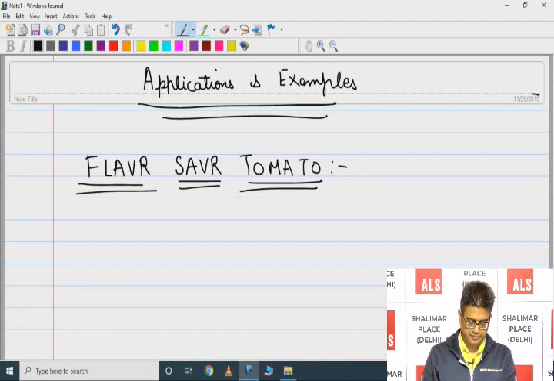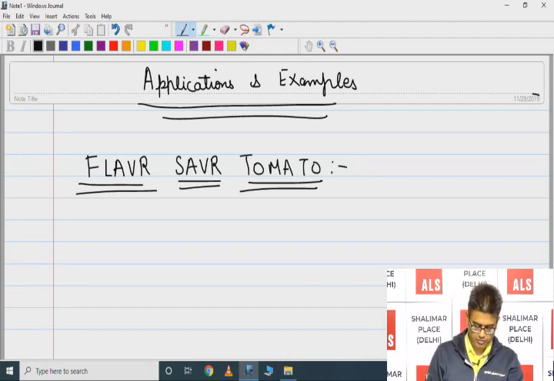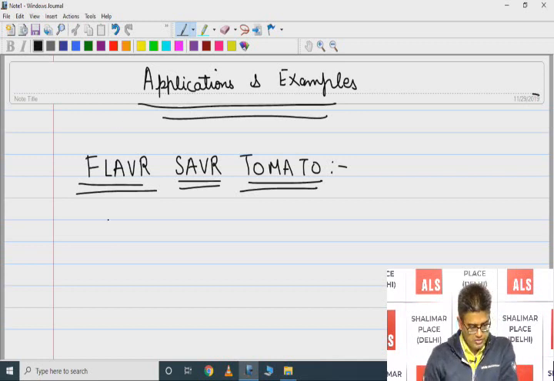Look, flavor saver tomato is a type of tomato which is coming less these days, but it's a type of tomato in the market that I want to tell you about. Please write about it.